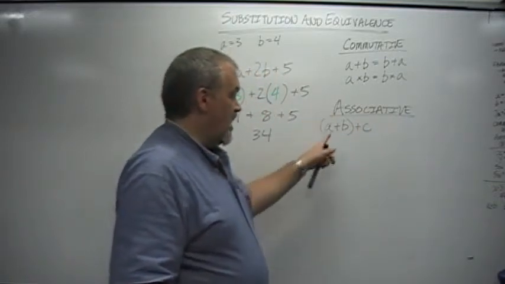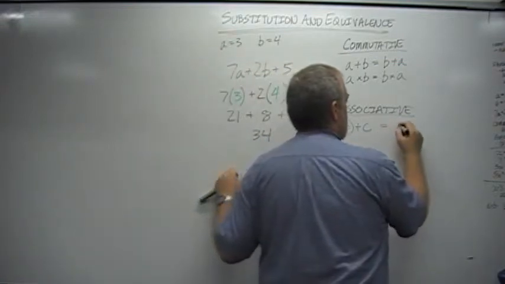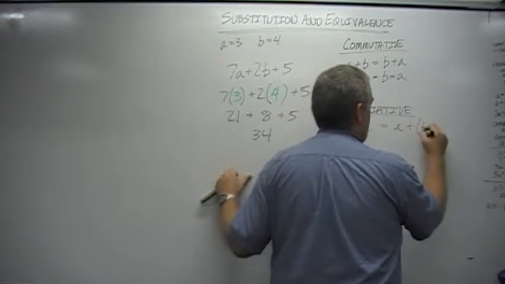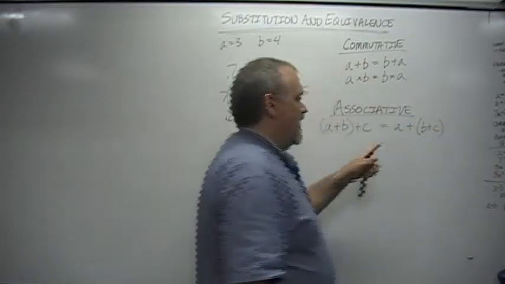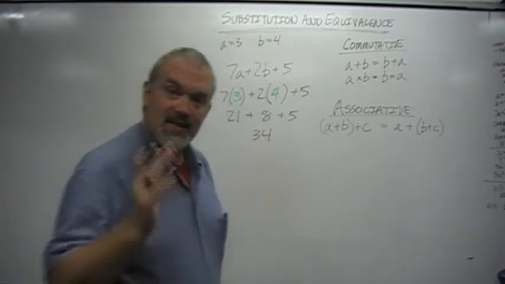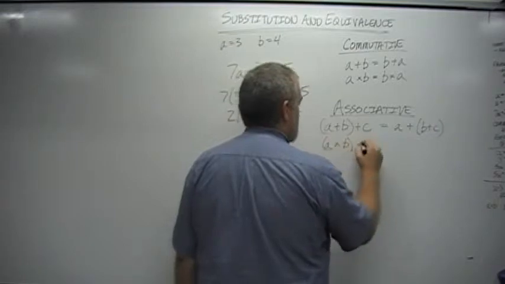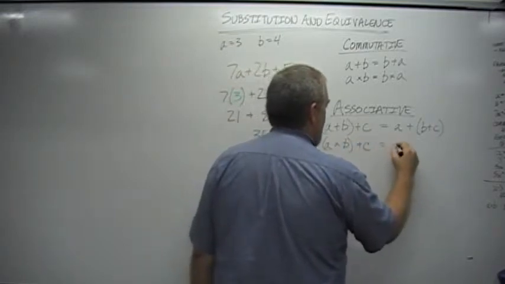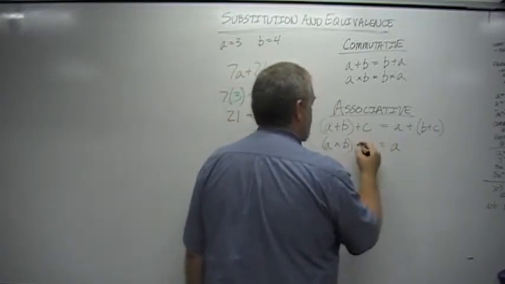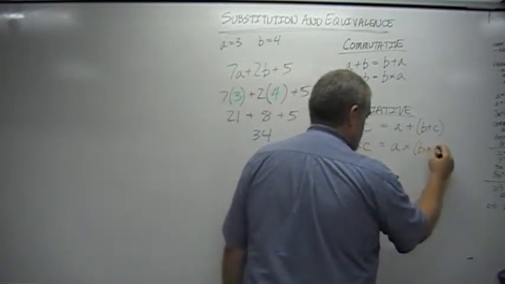But the associative law says that if they're all addition, then it doesn't matter where the brackets are. We could say a plus, bracket, b plus c, and those mean the same. We can move the brackets if they're all addition. The same is true if they are all multiplication: a times b, times c, is the same as a times b times c.